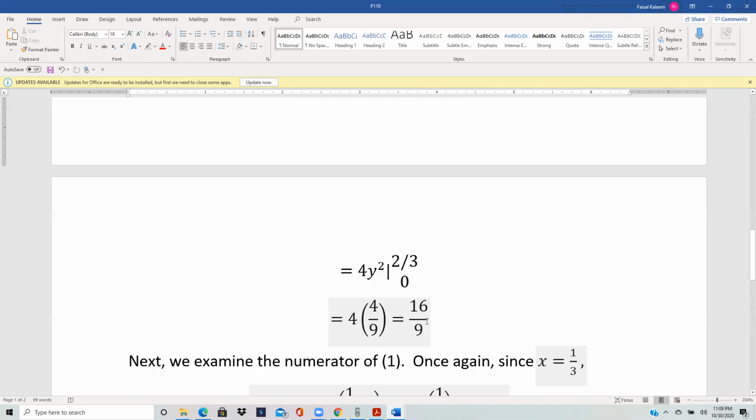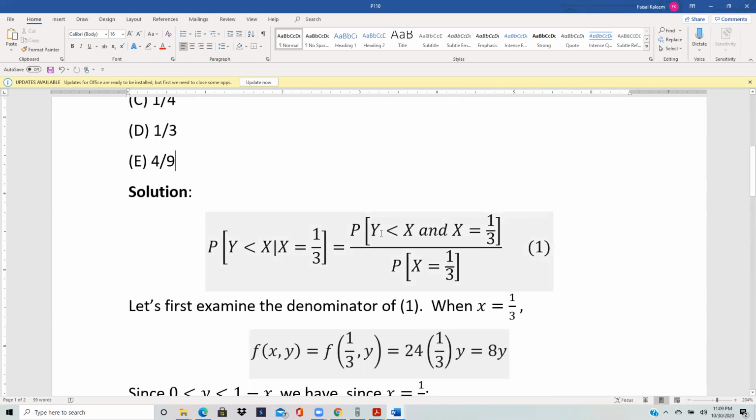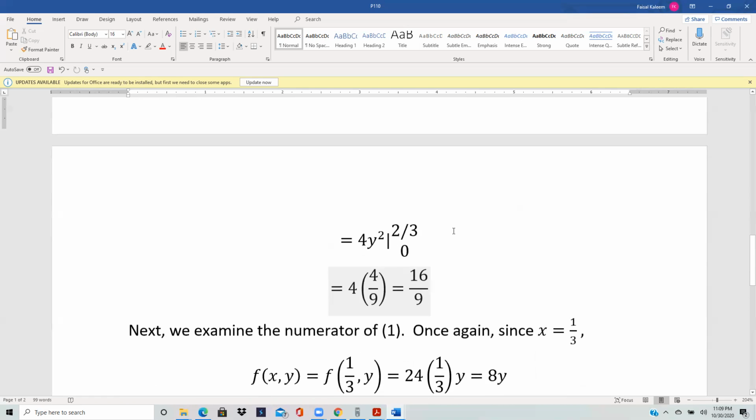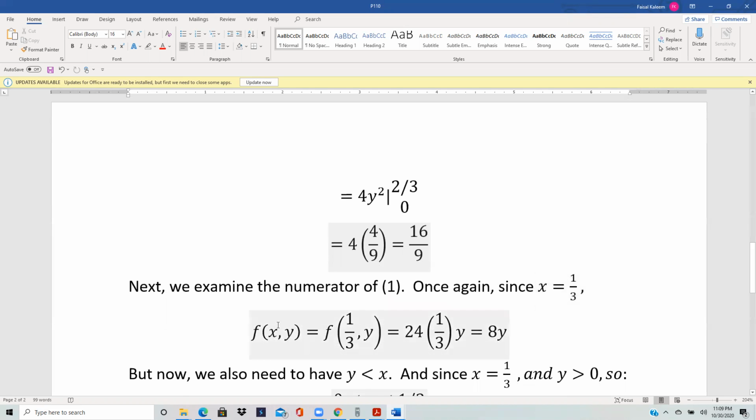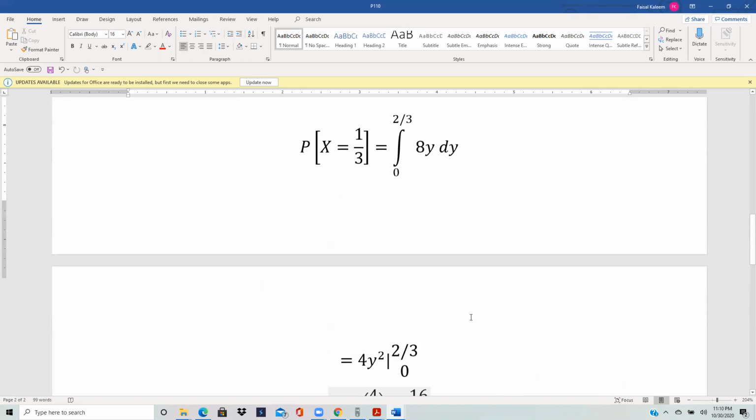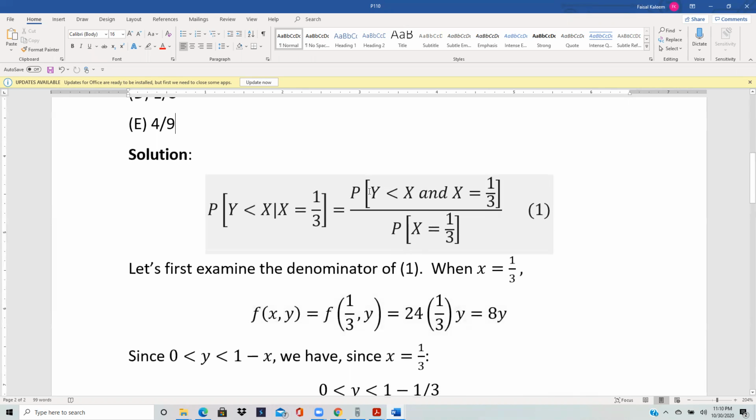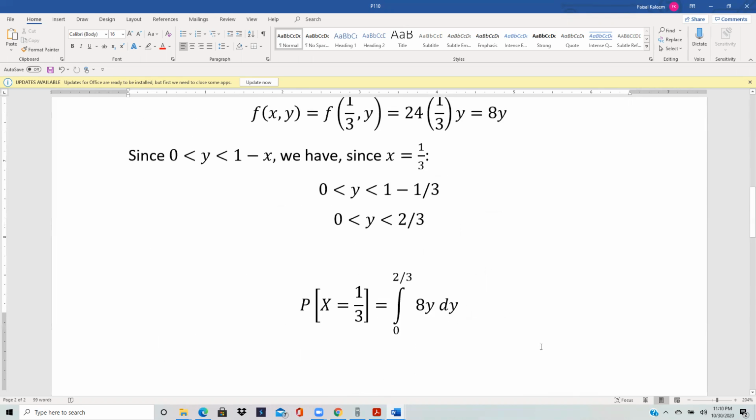Now examine the numerator. The numerator says probability y less than x and x equals 1/3. So once again, we do have x equals 1/3. That will force the f(x,y) to be once again 8y. But this time, we also have y less than x.